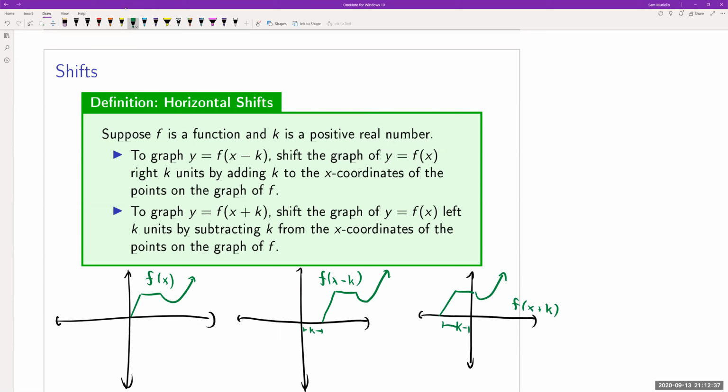Again, I am adding or subtracting inside the parentheses here rather than outside. And as a result, the shift of the function is in the opposite direction. And again, because the change is made directly with x, it moves to the right, the positive direction, when I subtract, or to the left, the negative direction, when I add.